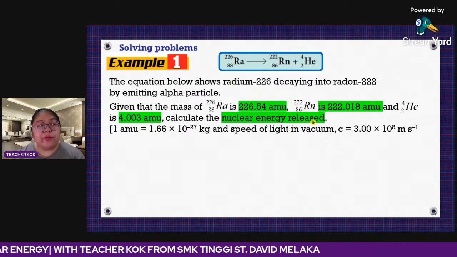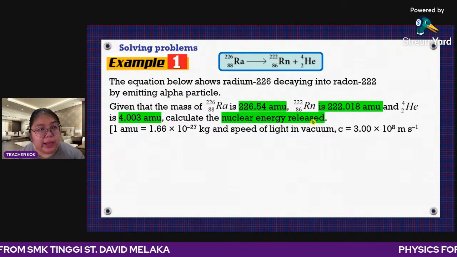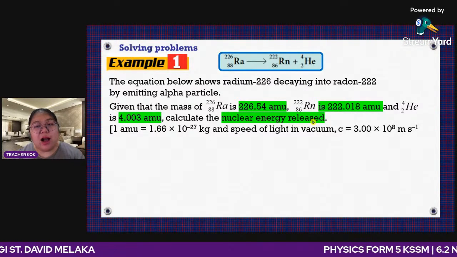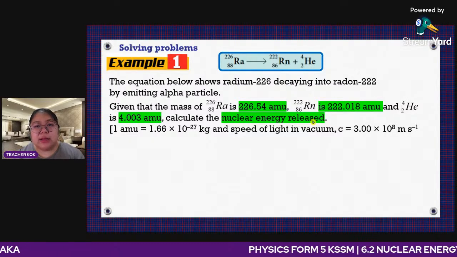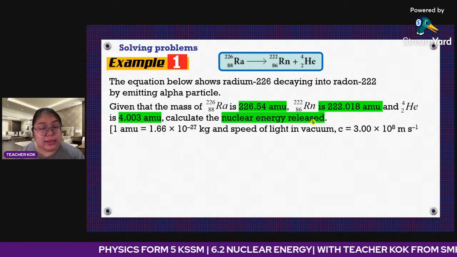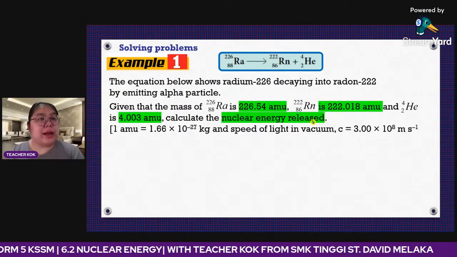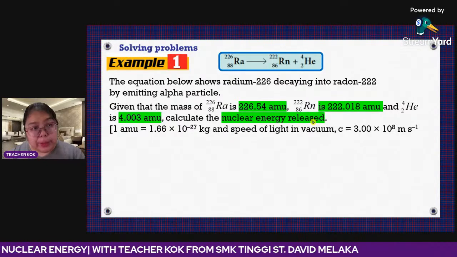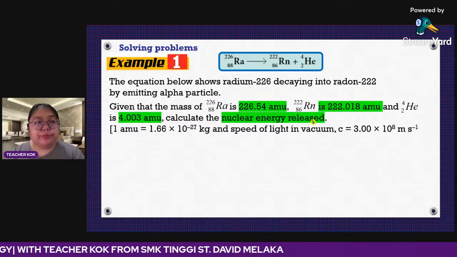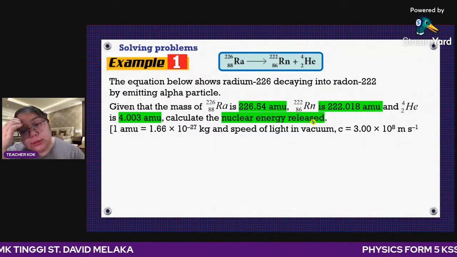You take the before minus the after. Before is Ra, after is Rn plus He. So you take the before number and minus the after, Rn plus He. How many is it? Anybody can show me here?